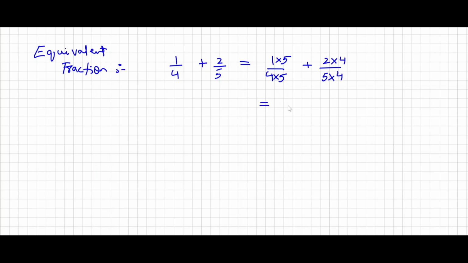So 1 into 5 is 5, 4 into 5 is 20, plus 2 into 4 is 8, 5 into 4 is 20. In the last, you will add 5 plus 8, it's 13 by 20.